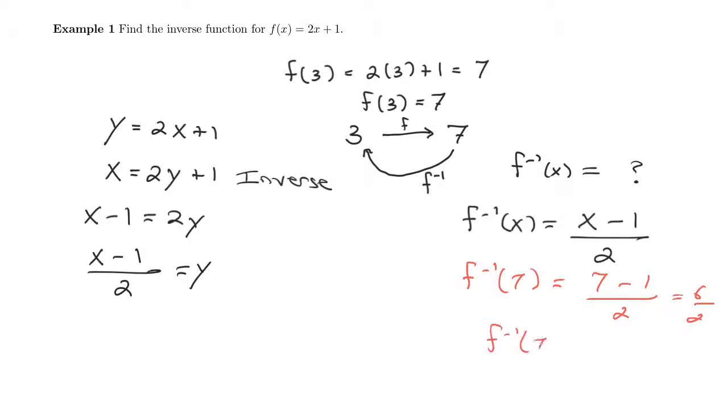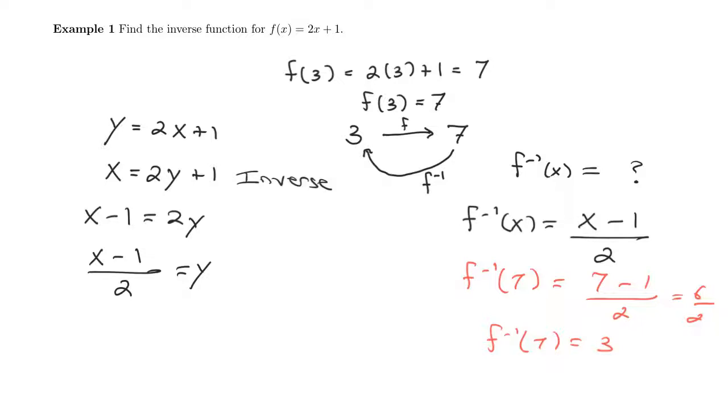F inverse of 7 is 3. So the original function took 3 to 7, the inverse takes 7 back to 3. So not only does it work for 3, it should work for any number that you choose, 10, 100, 15, -1/2. The inverse function just takes you back to where you started, undoes what you did.